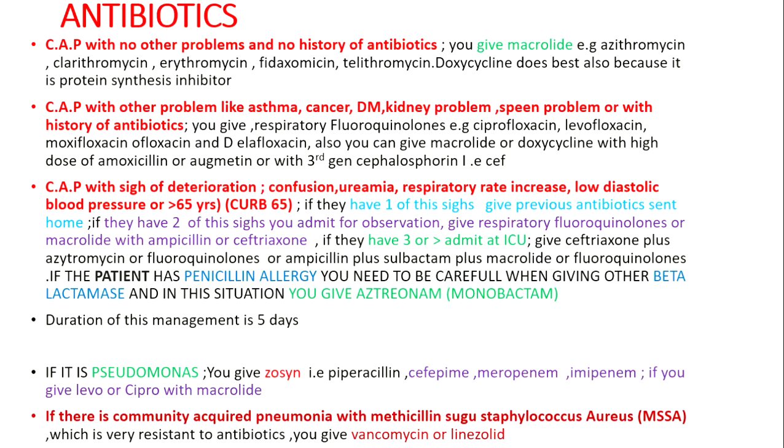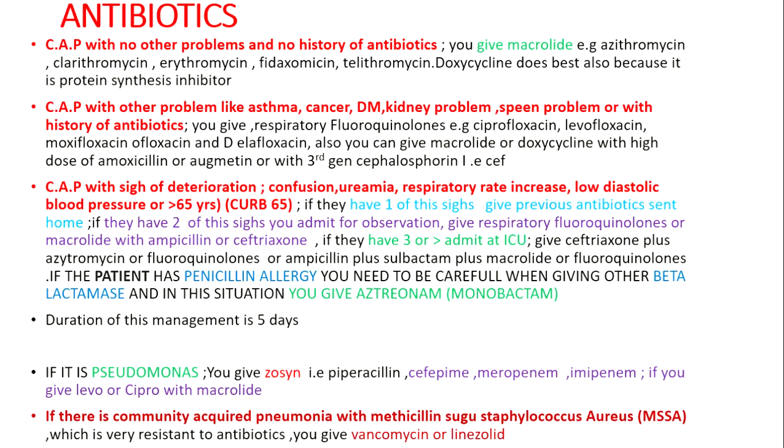So that is it. What if a patient presents with Pseudomonas aeruginosa? You will give Zosyn, which is a piperacillin. Zosyn is an example of a beta lactamase, which is extended.